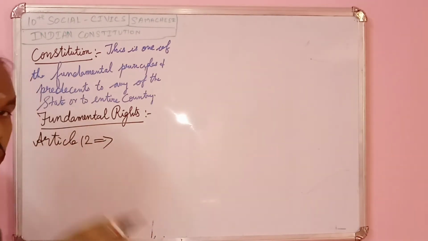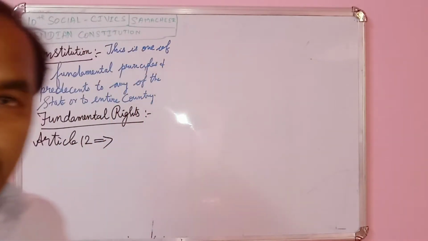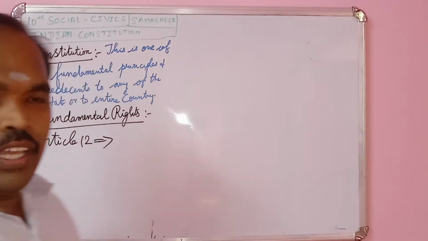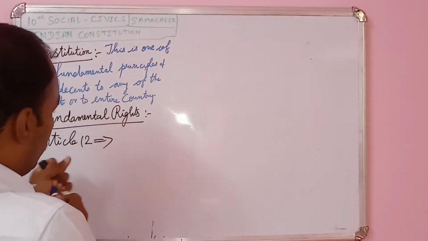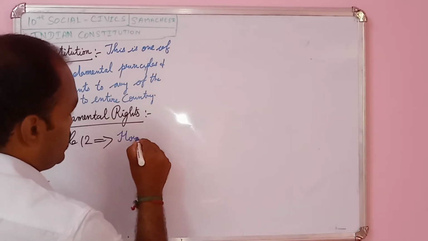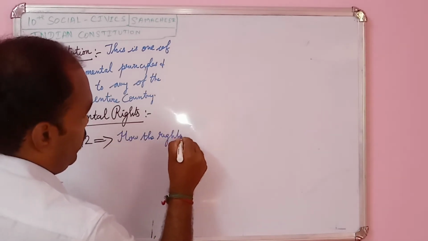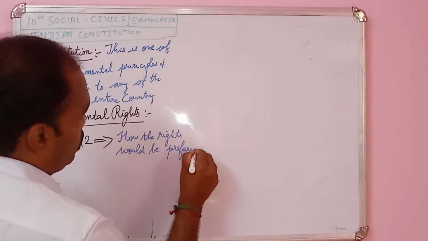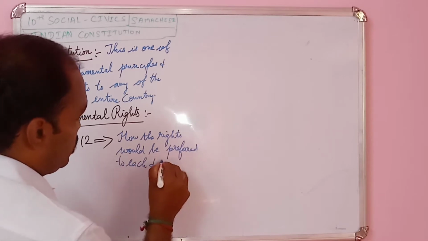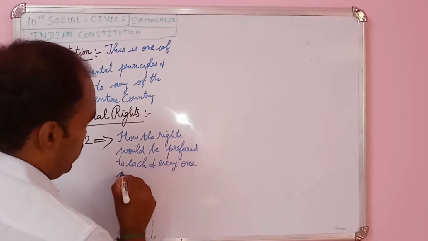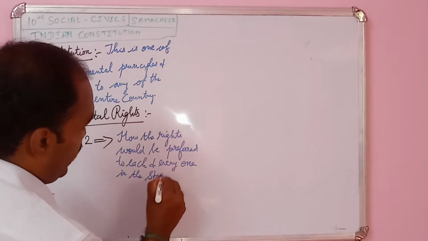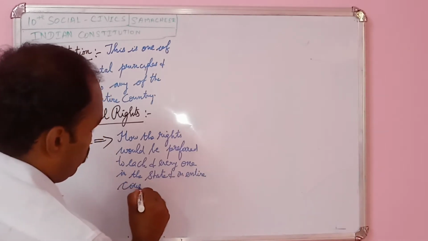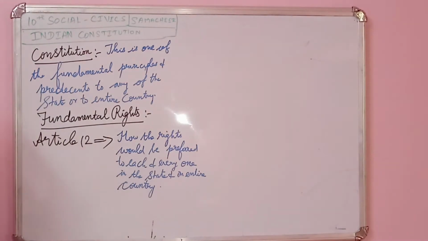Article 12 denotes the definition of fundamental rights: how the rights would be acknowledged and preferred for each and everyone in the state and in the entire country. How it will be done. So this is about Article 12.